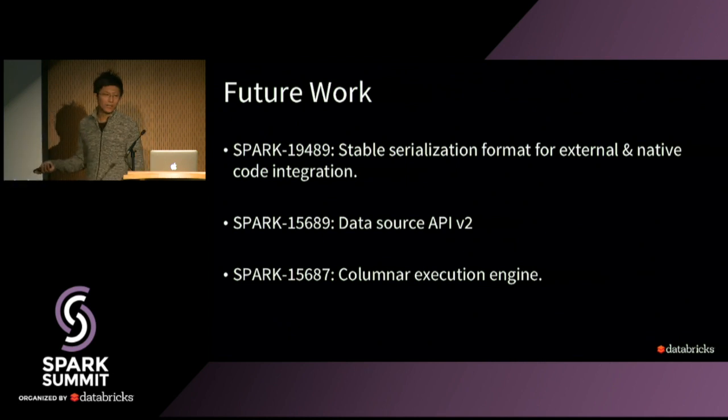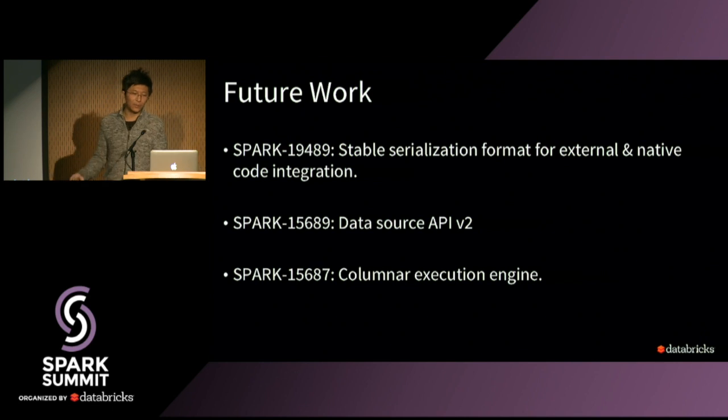And also there's another ongoing work, which is Data Source API v2. The current data source API is kind of weak because it only has filter pushdown and column pruning, and no other fancy stuff like sort pushdown, partition reporting, limit pushdown, columnar reader, and so on.